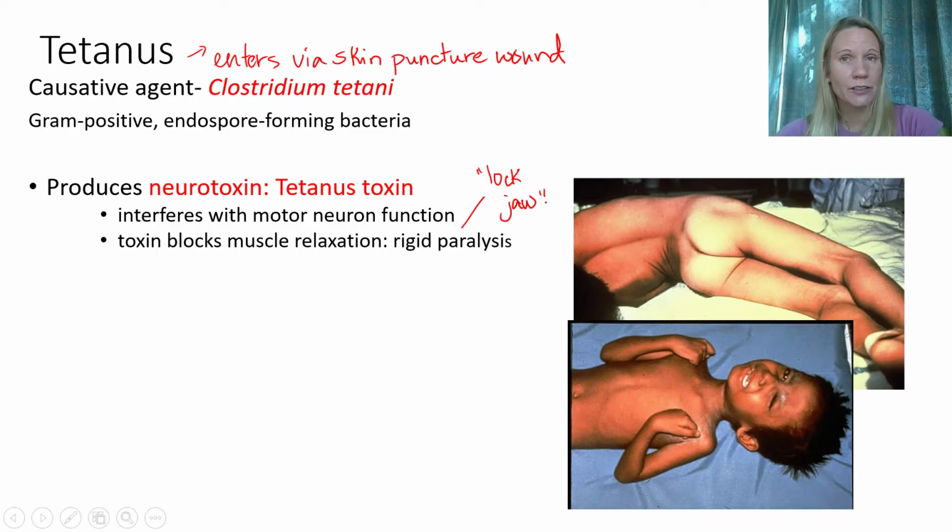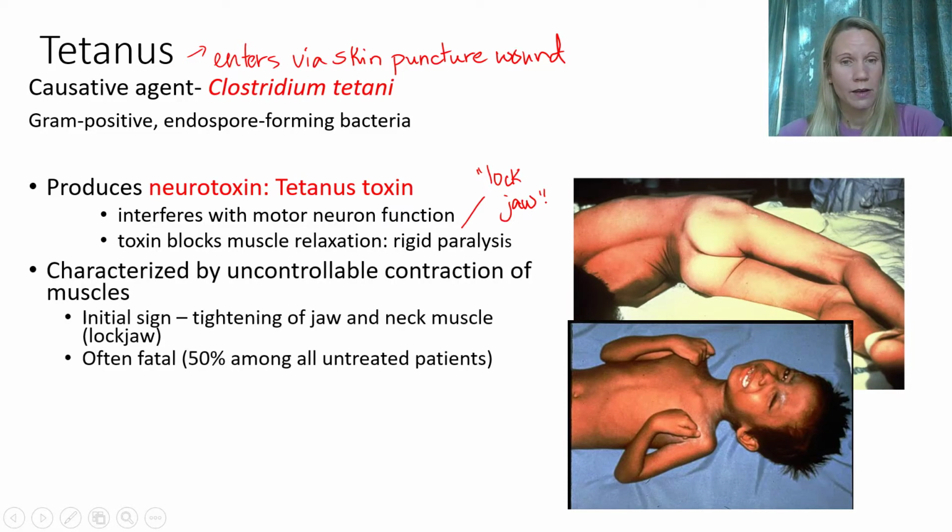And the muscle contractions are so intense, it can break bones. It's that intense. If you've ever had a Charlie horse in your leg, you probably get a small idea of what that's like. But imagine such severe contractions, it breaks bones.